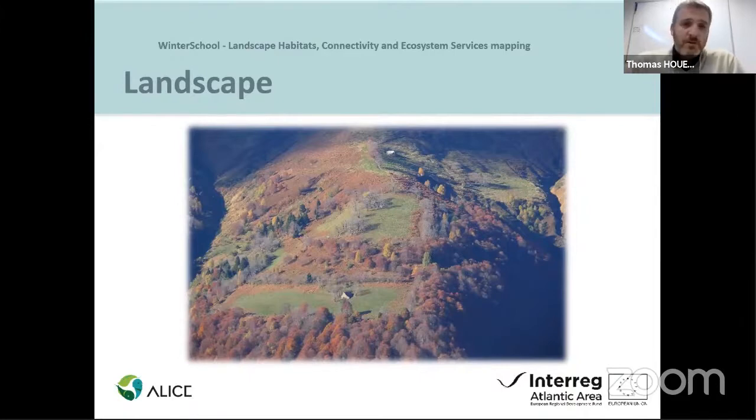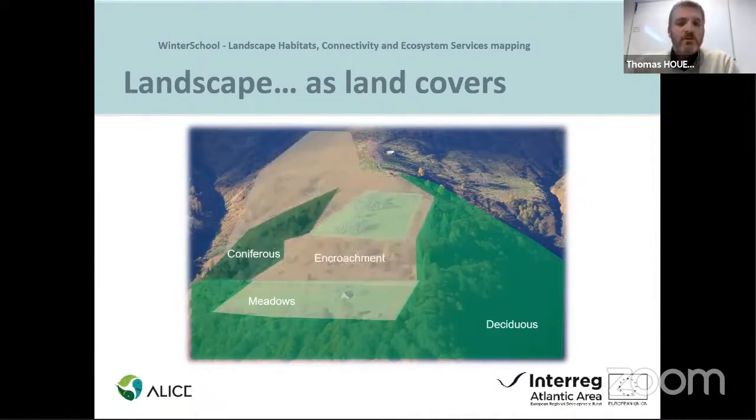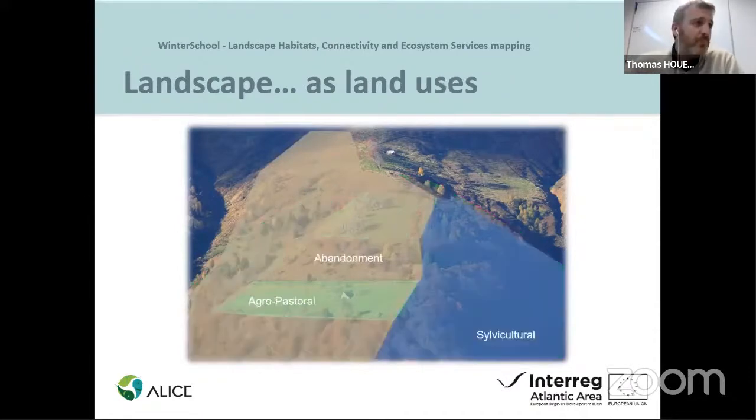When you are looking at these landscapes, some of you may be observing some kinds of land cover. You can see there are some meadows, there are some forests, some of them deciduous forests or coniferous forests, and there are processes of encroachment. So this is a landscape seen as land covers.